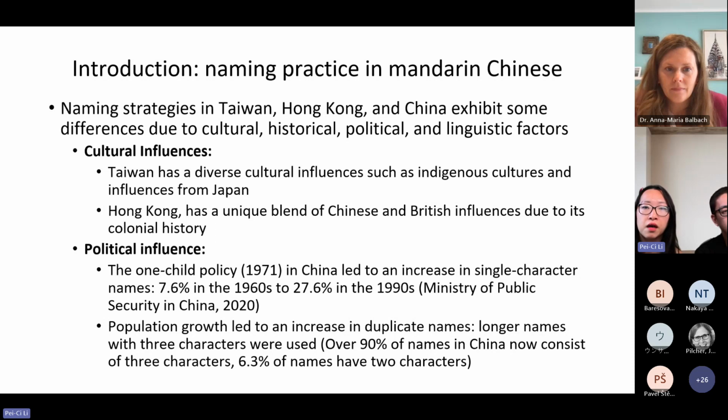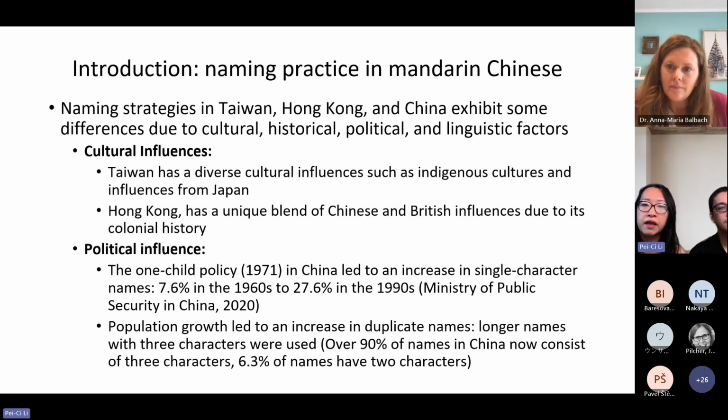Besides, policies have also played a role in shaping naming strategies. For example, in China, the one-child policy was implemented in 1971, which led to an increase in single-character given names, as there was less need to repeat the first character for making relation between siblings, just as we just introduced.